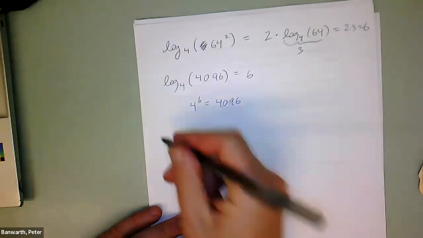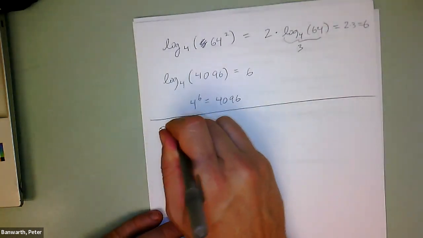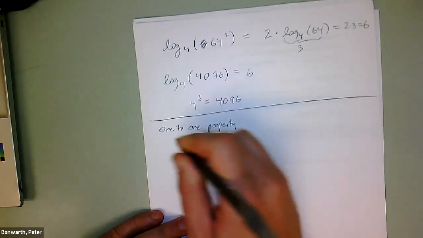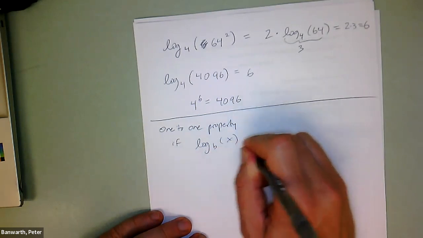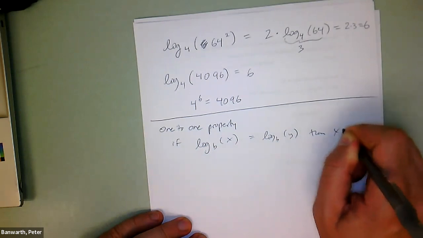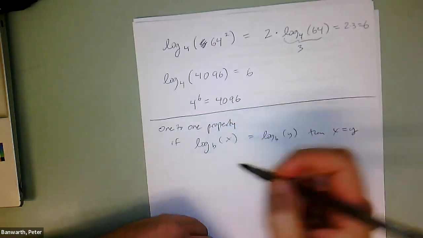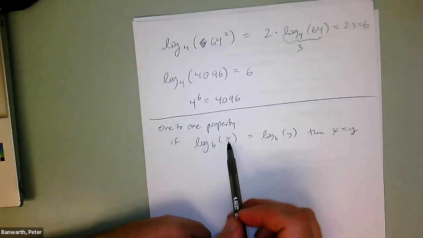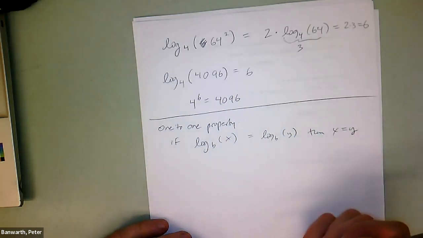There's some other rules. There's the one-to-one property, which says that if log base b of x equals log base b of y, then x has to equal y. Not all functions have the property where if the function outputs are the same, the inputs have to be the same, but logs are like that.